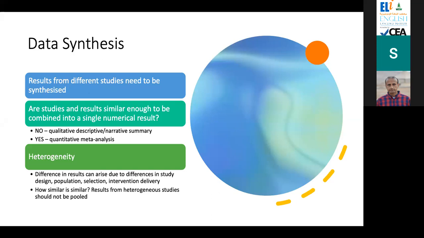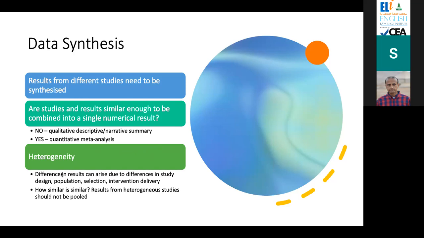Now, this is a very important question. If not, then no qualitative descriptive narrative summary can be feasible in that case. If yes, then quantitative meta-analysis, as you were saying, that meta-analysis is statistical analysis. I wasn't very much aware of this till now, but anyway, thank you.